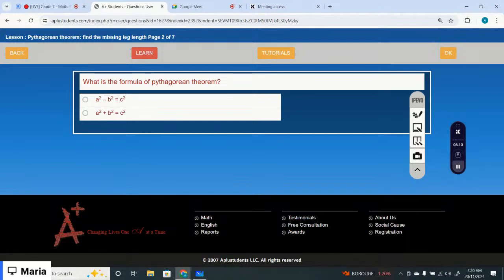That is very good. Option number 2, a square plus b square equals c square is the correct option. Very good.